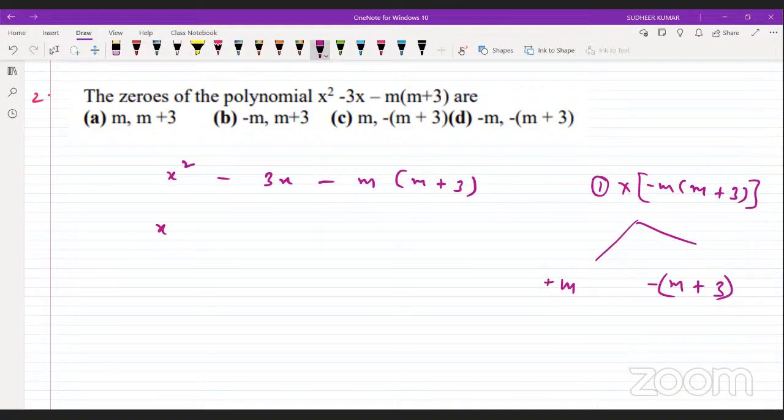So we can write this as x square minus of m plus 3, or if you multiply by the minus m and minus 3, and this is plus m times of x. Instead of that, if you use the bracket only, it's good.